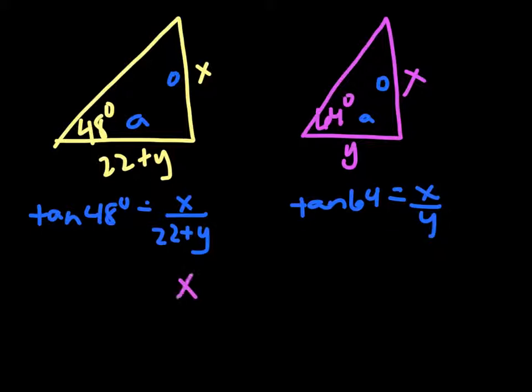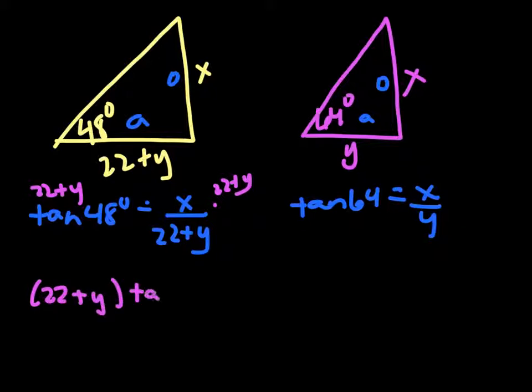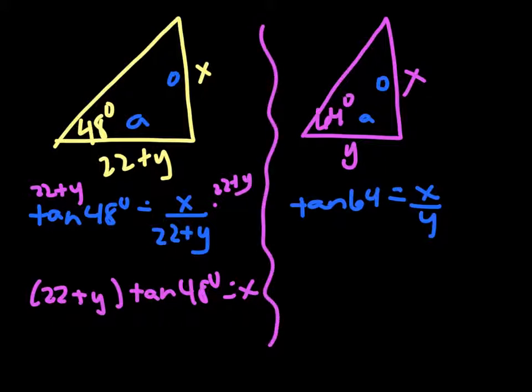So my x is going to be equal to, let me erase this. If I multiply both sides by 22 plus y, I'm going to get 22 plus y times tangent of 48 degrees equals my x. And then over here, we're going to get y times tangent of 64 equals x.